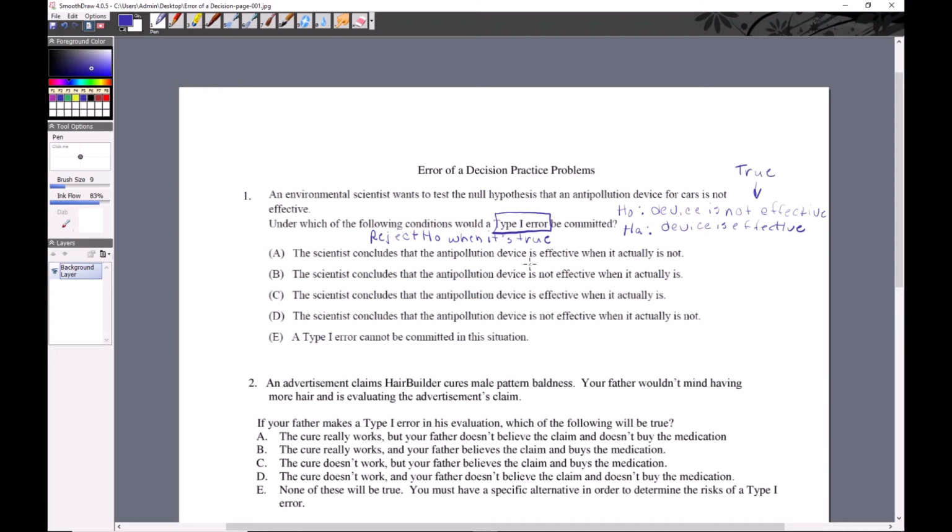So let's see, that'll allow us to go ahead and eliminate some choices. Scientist concludes that the anti-pollution device is effective when it's actually not. All right, yeah, that's out. All right, because they're going to reject H0.